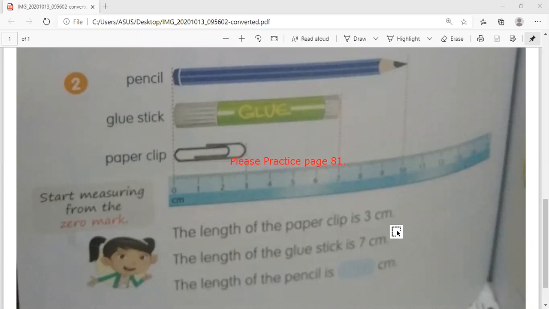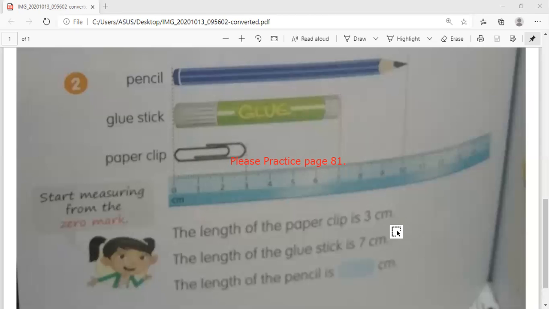For page 81, number 1 is about measuring, yeah. There are 4 pencils, and you have to measure them. And then for the second, you have to measure an object. So please take your ruler and measure some object and write down the name of the object that you measure, and then write down the length of the object that you measured. Okay.